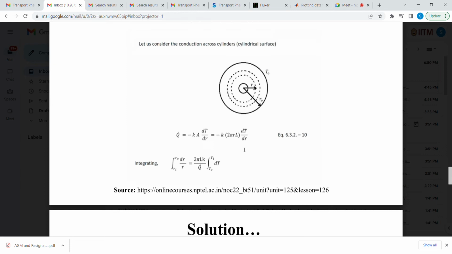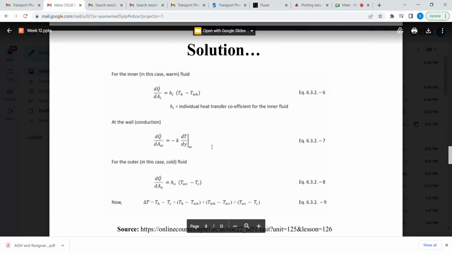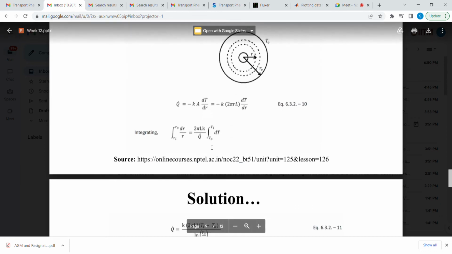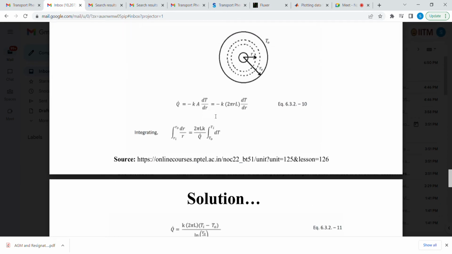So basically we have Q equal to minus kA into dT by dr, or equal to minus k into 2 pi rL into dT by dr. This is also a type of Fourier's equation. If I remember it right, yes it is.